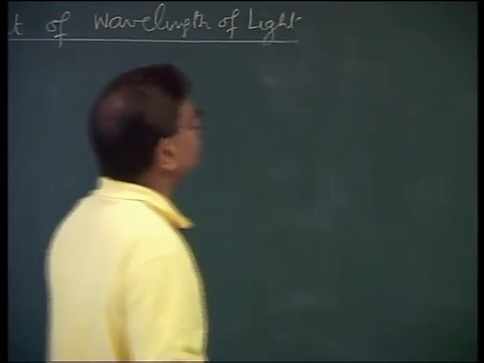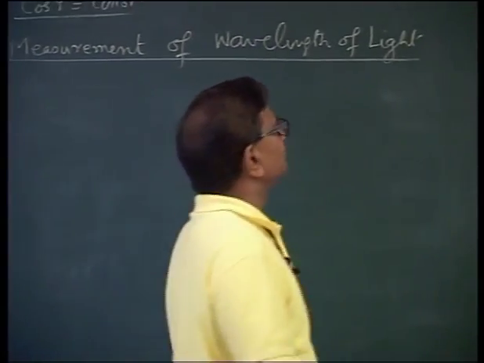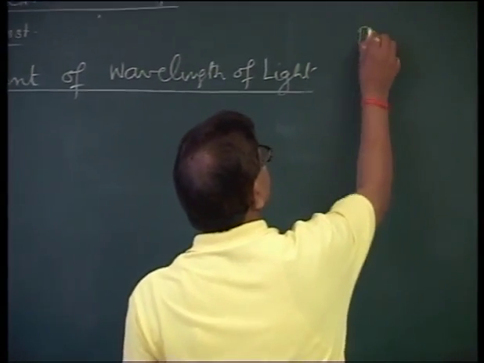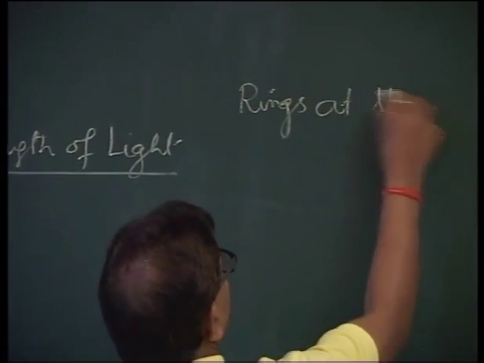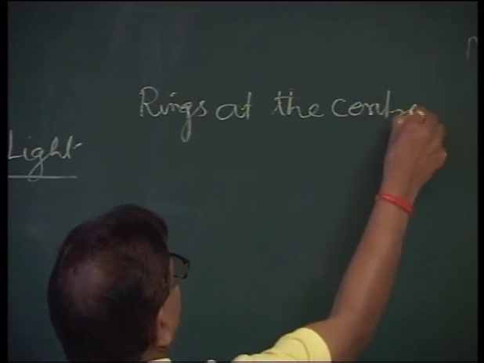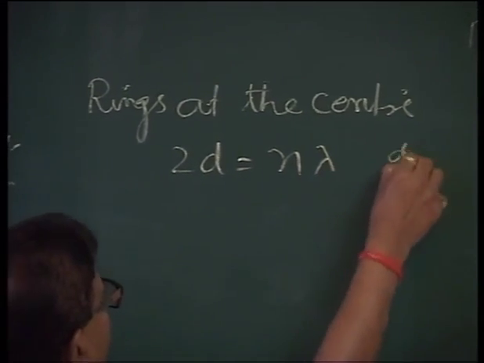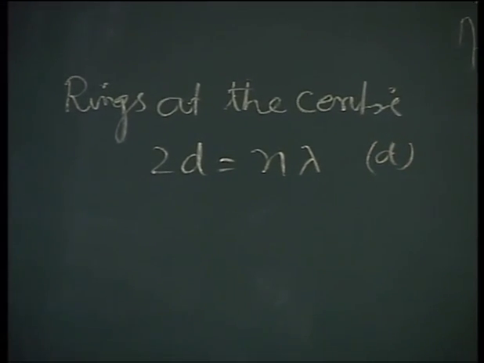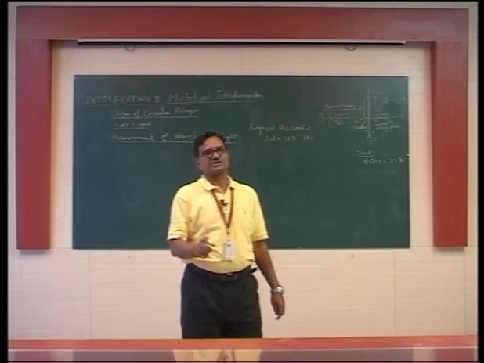Now let us proceed to how to measure the wavelength of light. The answer is very simple. For the rings at the center, 2d is equal to n lambda for dark. You see, there is another difference between Michelson's rings and Newton's rings.